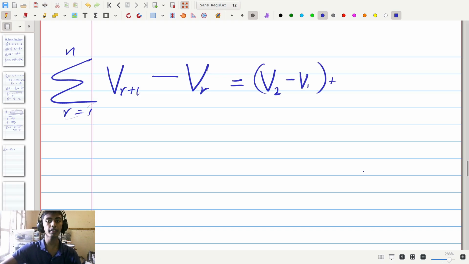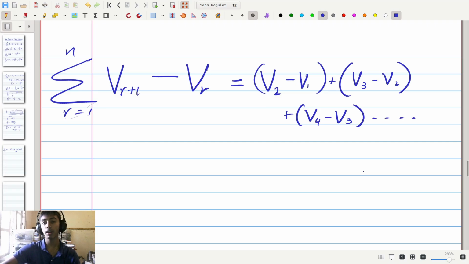The term after that would be the term when r is equal to 2, which would be v of 3 minus v of 2. The term after that would be the term when r is equal to 3, which would be v of 4 minus v of 3. This sum would continue on like this until we get to the very last terms.